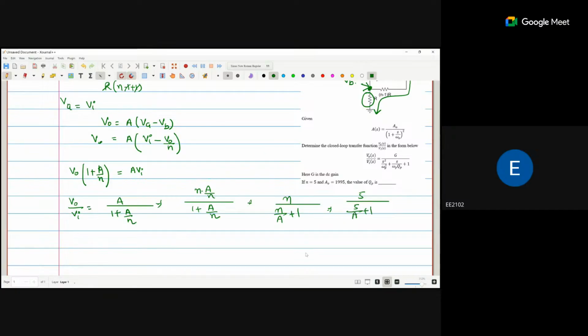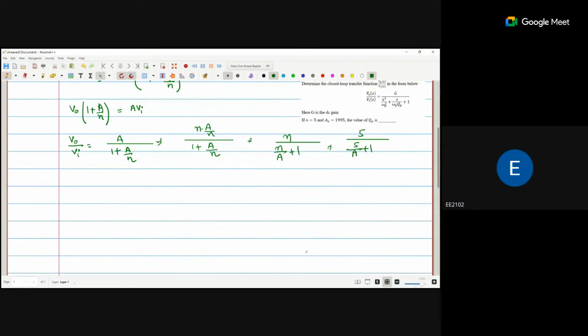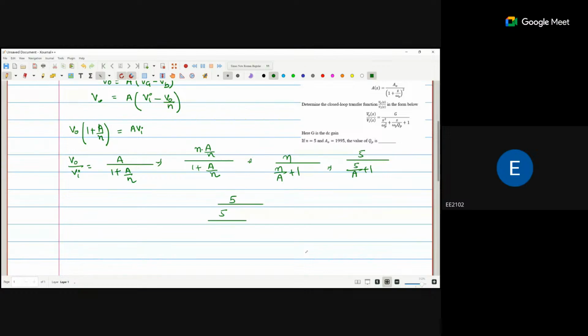Now put the value of A. So it is 5 upon 5 by A, where A is A naught upon (1 plus s upon omega naught) squared, plus 1.